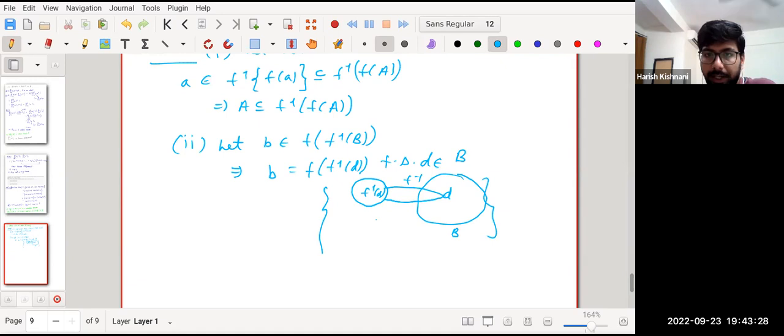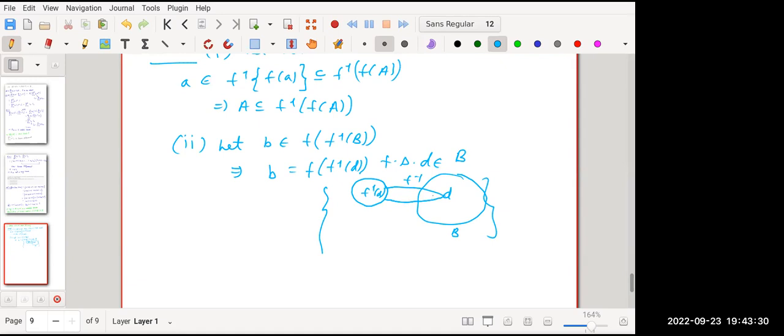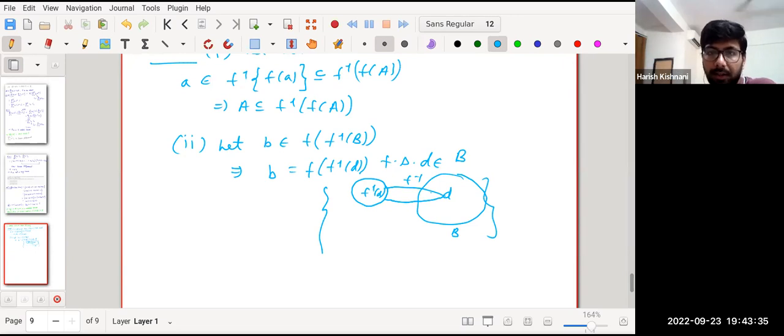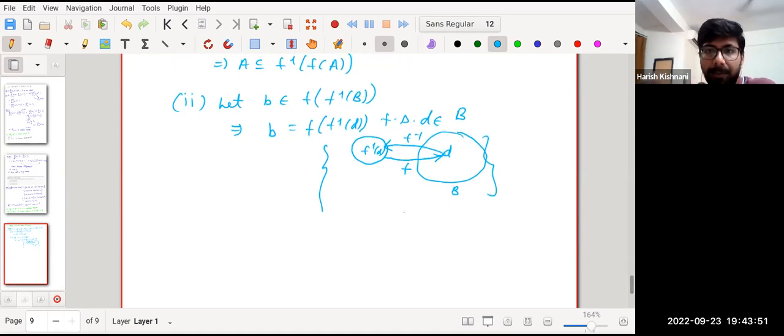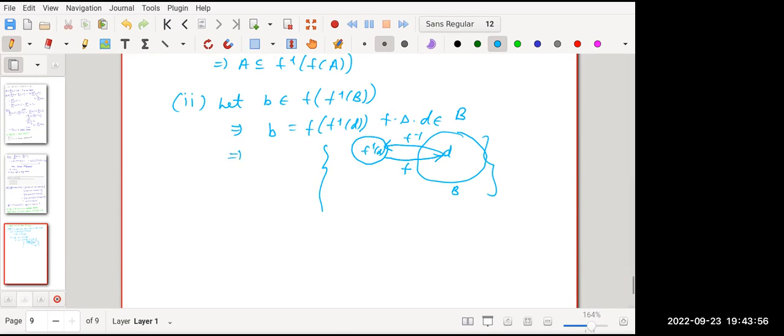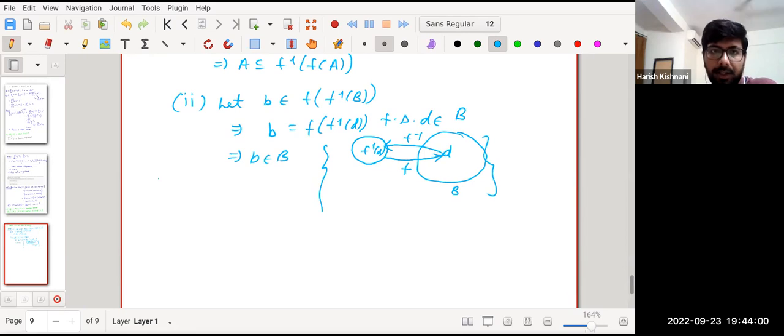It will go to d again, right? You are taking all inverses of d, and then you are sending all these images again through f. So this entire set will be mapped to d again, right? This b will be inside b, and hence this claim holds.